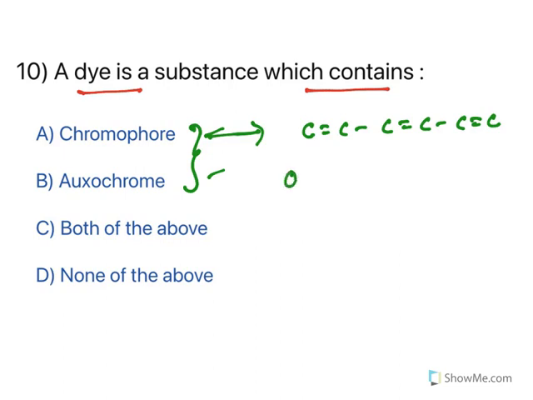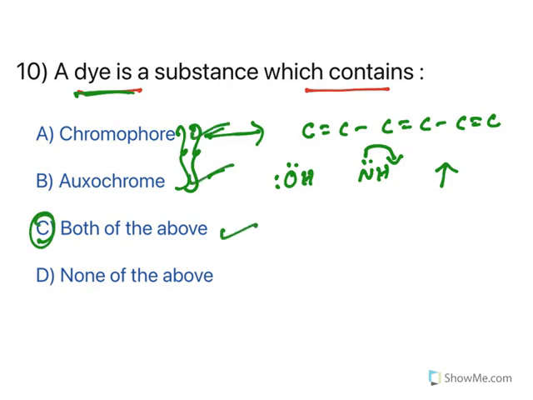Auxochrome means the groups which have lone pair of electrons. The lone pair of electrons will cause electron donation and increases the extent of conjugation, and that intensifies the absorption intensity. So it gives an intense color. So dyes should contain both of them, auxochrome as well as chromophore. So both the above is right one. Don't be in a hurry, not the chromophore alone, not the auxochrome alone. Both of them are required in a dye. So option C is the correct one.